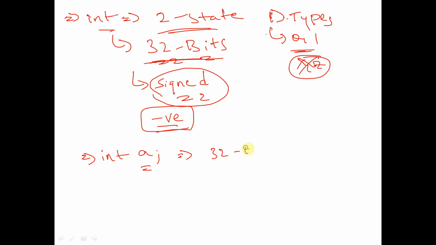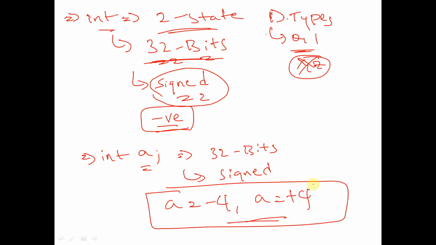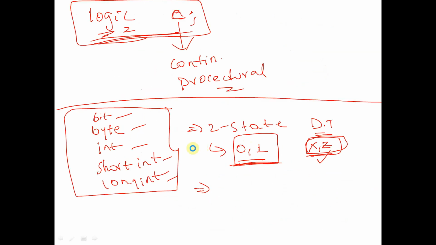It is 32 bits, and this is signed. That is, we can assign A equal to -4, A equal to +4, like this. We can store negative and positive numbers using this int data type. So remember this. And in this int also, we have short int and long int.